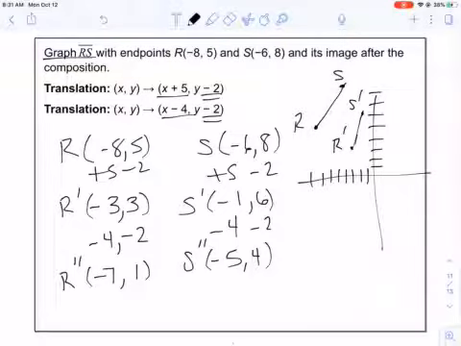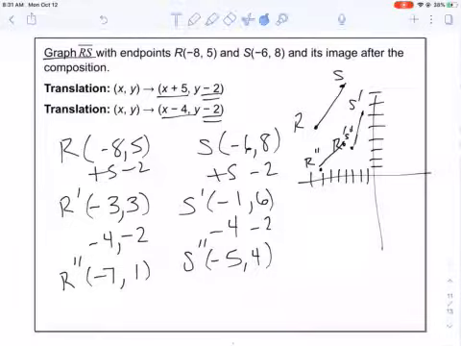Then last one, we've got -7, 1 for R double prime, and -1, 2, 3, 4, 5, 1, 2, 3, 4 for S double prime.